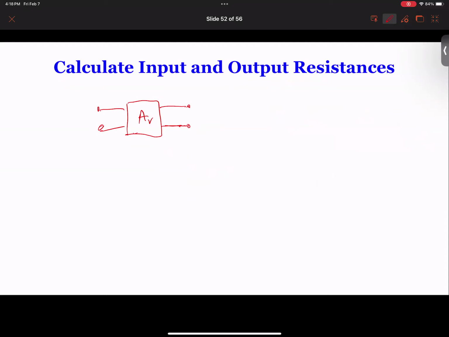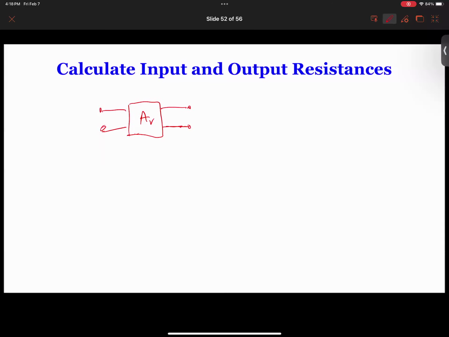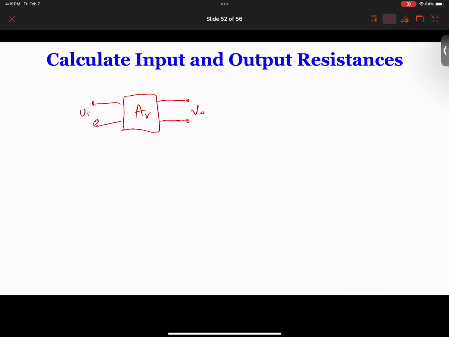So if we have an input and the output is amplified, in the ideal case you will have VO equal to AV times Vin.